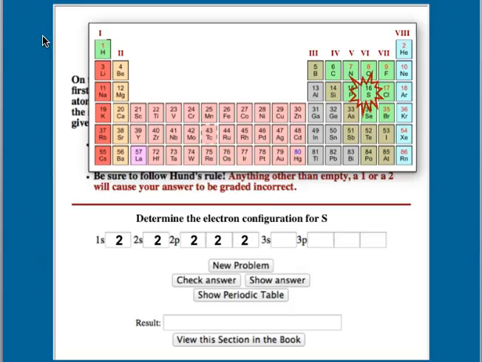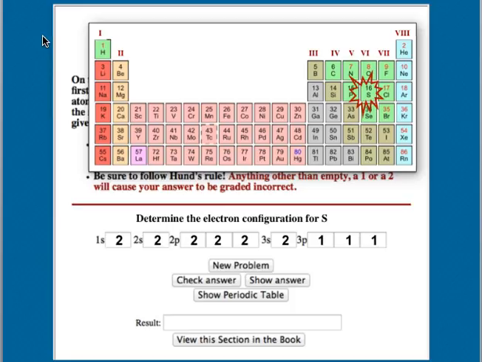Now our third level, 3s, that's these 2. That's full. So that's 2 more. And finally our 3p. We have 1, 2, 3, 4 electrons go in there. They must go in one at a time. So let's start off by saying 1, 1, and 1. Now we have 1 more.